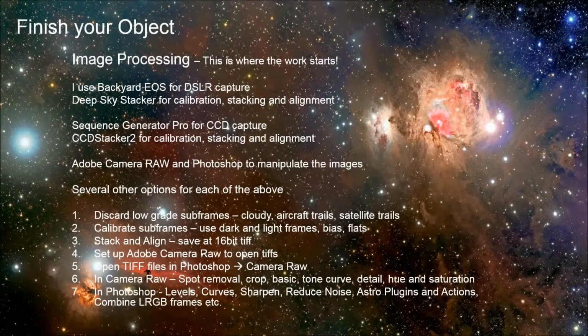I use Deep Sky Stacker for calibration, stacking, and alignment. When I'm doing CCD stuff, I use Sequence Generator Pro, and there's CCD Stacker 2 for calibration, stacking, and alignment. I use Adobe Raw, which comes with Photoshop, and Photoshop itself, to manipulate the images and finish them off.